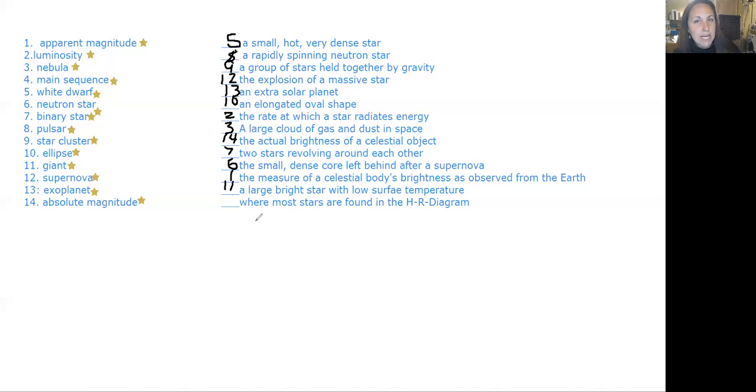It's a medium to large star, and it falls in that main sequence. And so we're going to look over here on our chart to find our final number, and that is going to be number 4, main sequence. The main sequence is an area of stars that are most common that we have viewed thus far about stars.